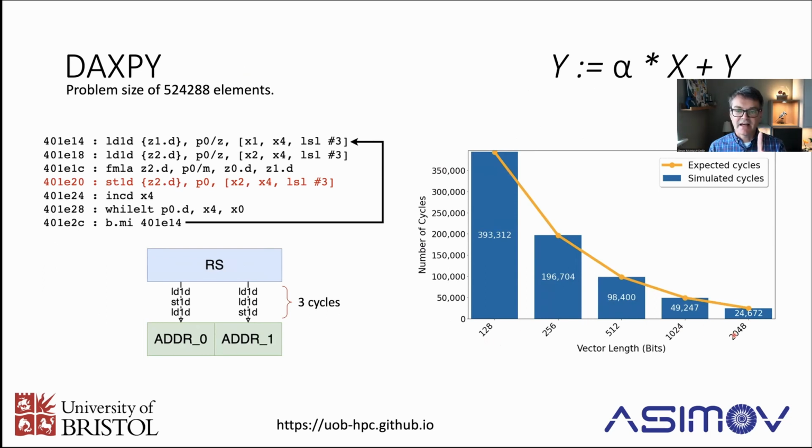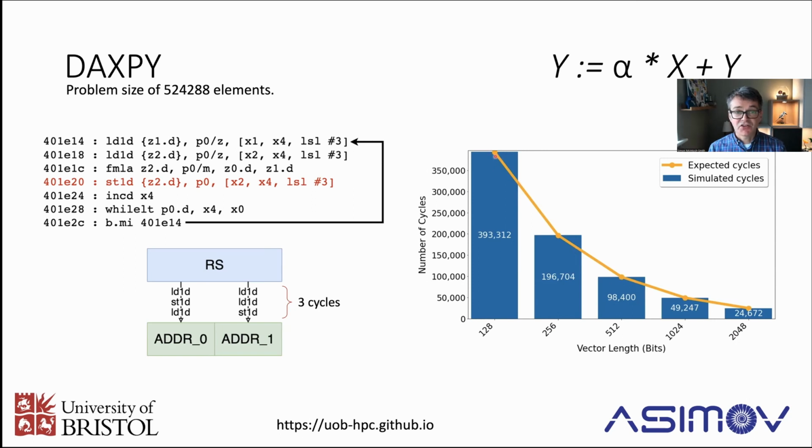So this is one vector getting wider and wider: 128 bits, 256, 512, actually simulating that. And then also, it takes 3 cycles to do the main loop, and it's for about 500,000 elements, so very long vectors. What happens? Just plugging that into a theoretical model, how many cycles do you think it would take? That's what the line's representing.